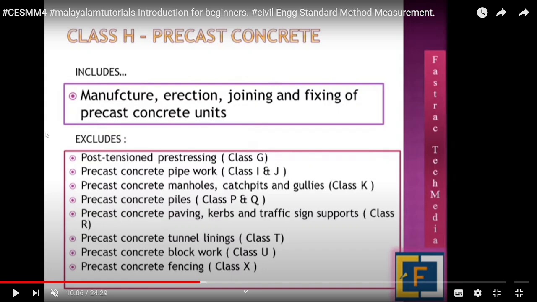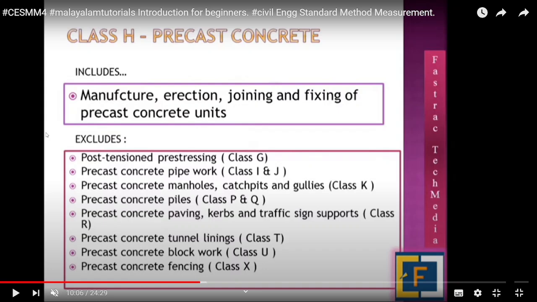Post tension pre-stressing, precast concrete pipework, precast concrete manholes, catch pits, gullies, concrete piles, paving, kerbs, traffic sign supports. We have to understand those things. Whenever you think something is coming under class H, you have to check what it excludes.